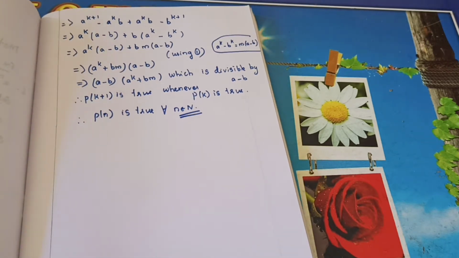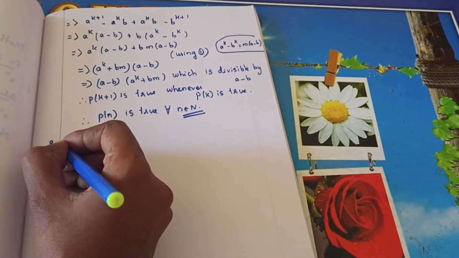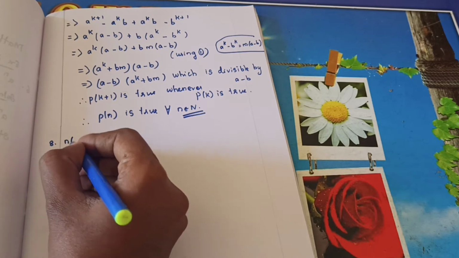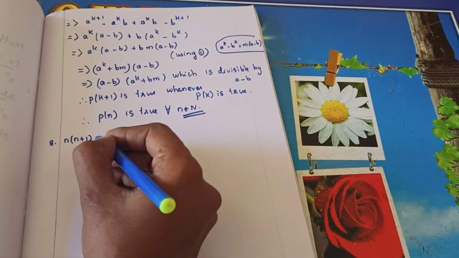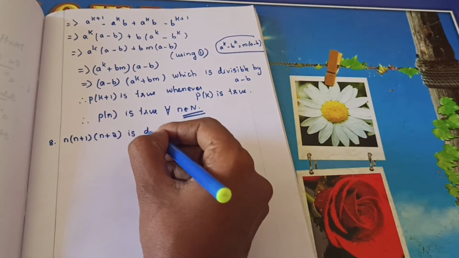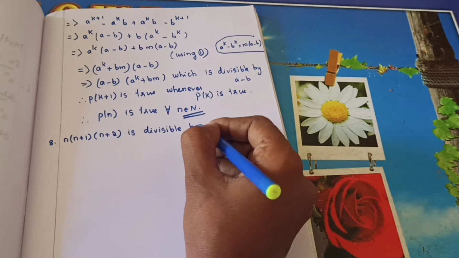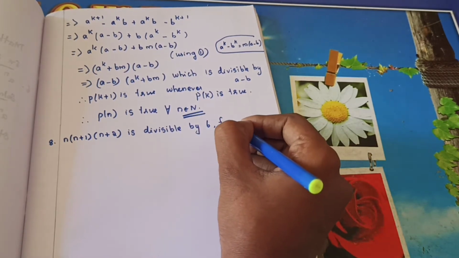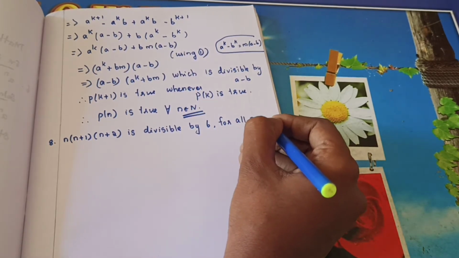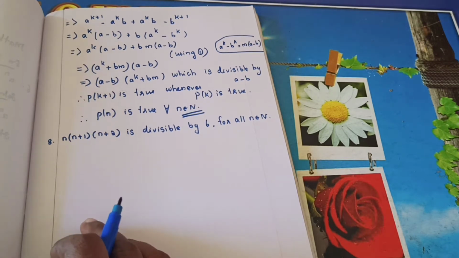So 7th problem, I gave homework for you. I hope you all completed. Let's move to problem number 8. 8th problem is n into n plus 1 into n plus 2 is divisible by 6 for all n belongs to n.